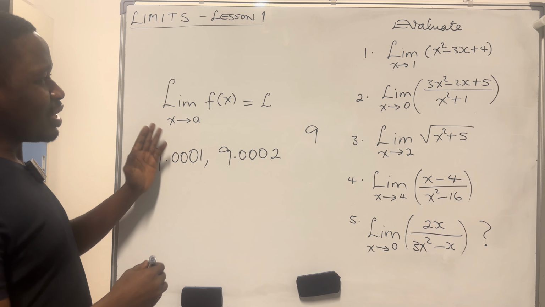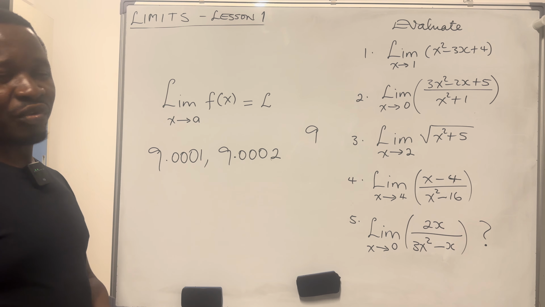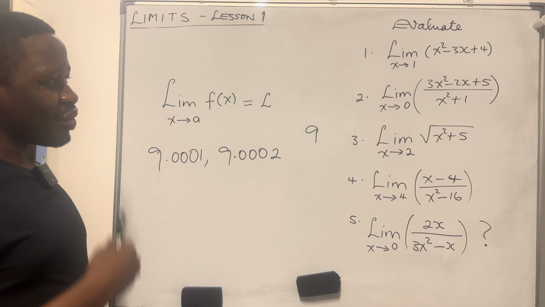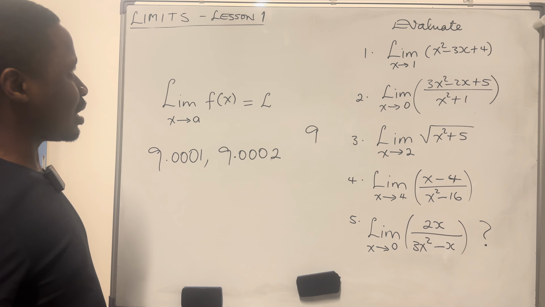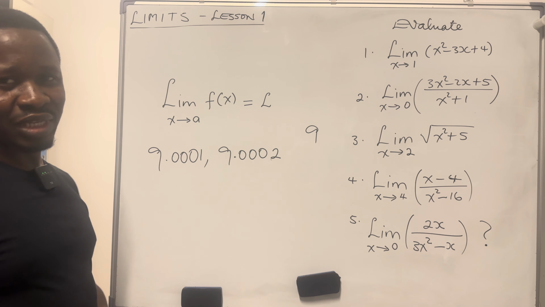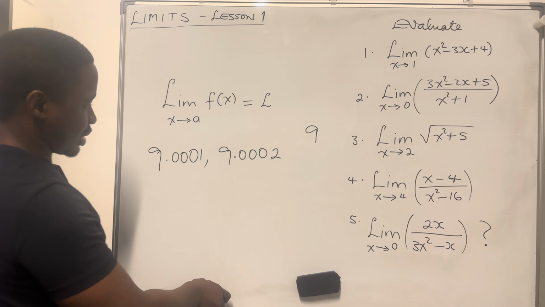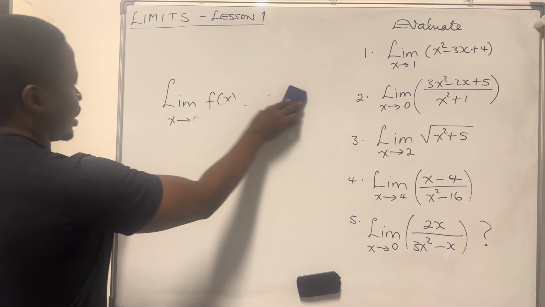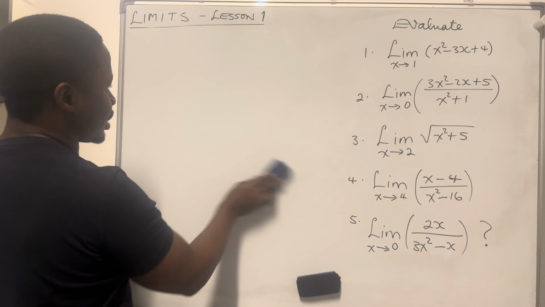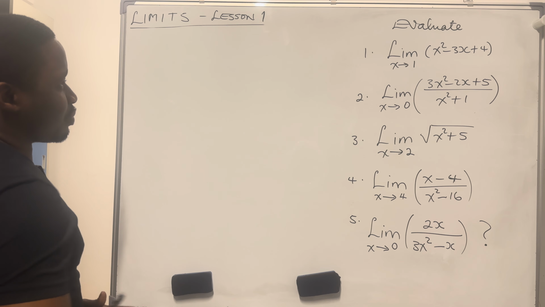All right, but let me reserve the definition of limit for the advanced cases when we are done with everything concerning the basics of limits. Now let's see how we evaluate the limit of these functions.